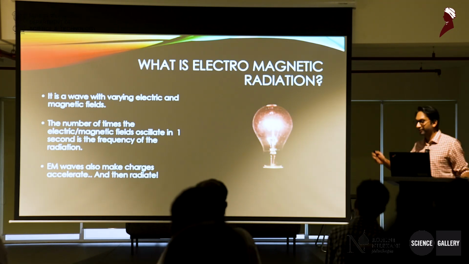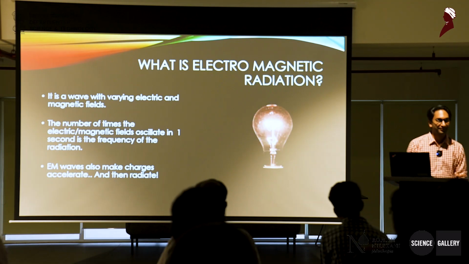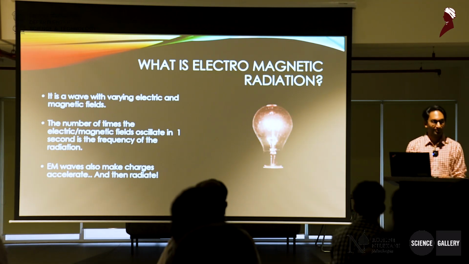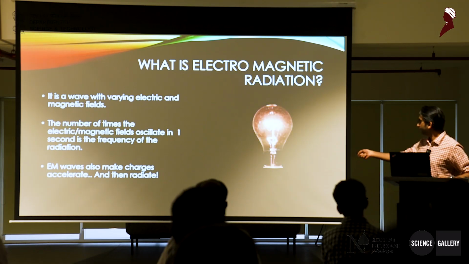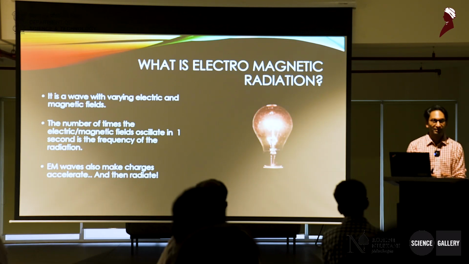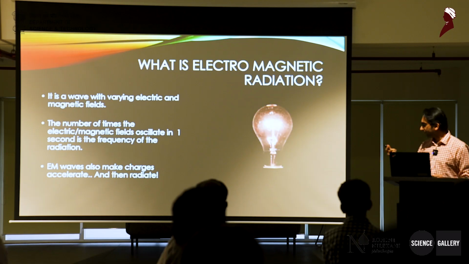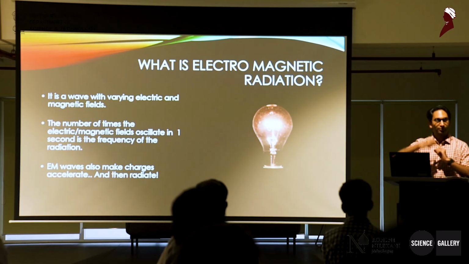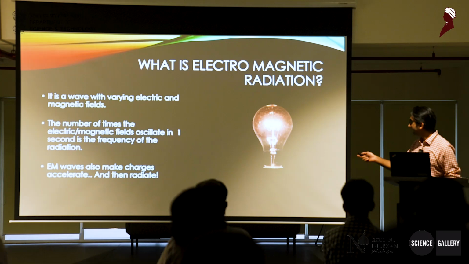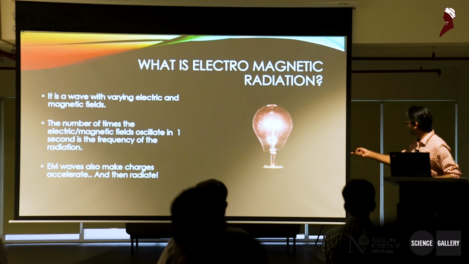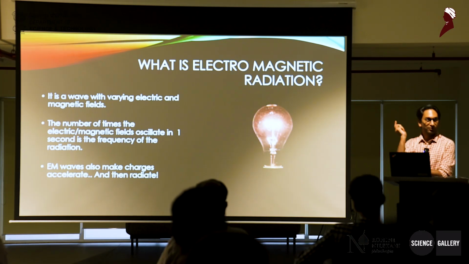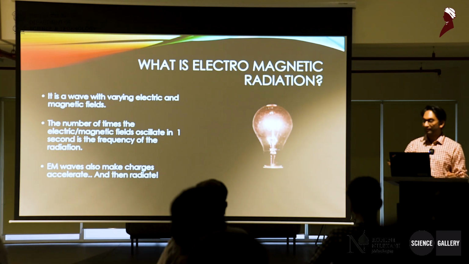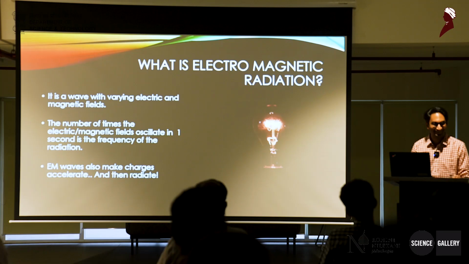First, you separate the charges by applying a huge amount of voltage across the ends, and that will heat up the tungsten. Once that happens, the electrons pop out. And these electrons, like I said, there is an electric field applied at the two ends. So they get accelerated and then they radiate. Okay? So accelerated charges radiate.